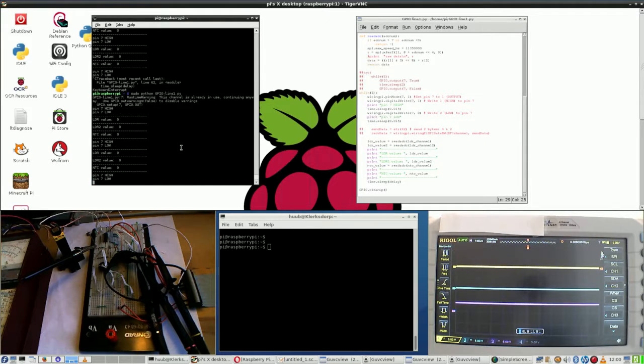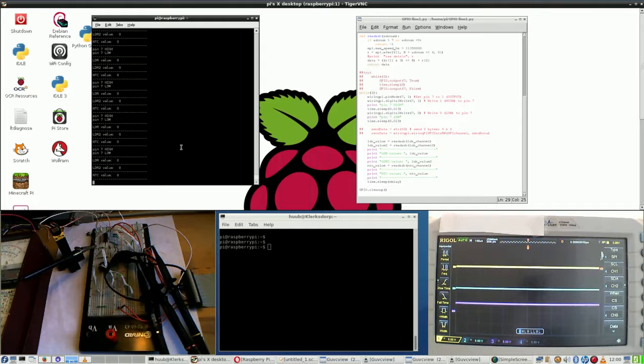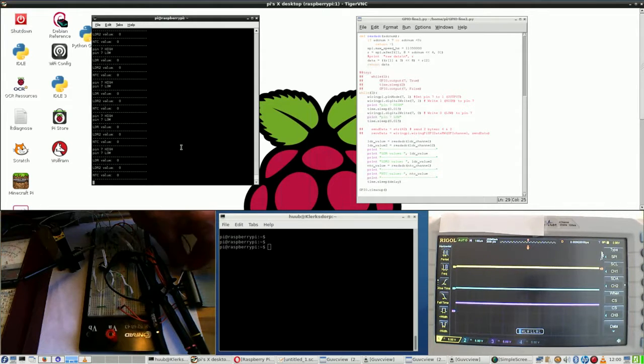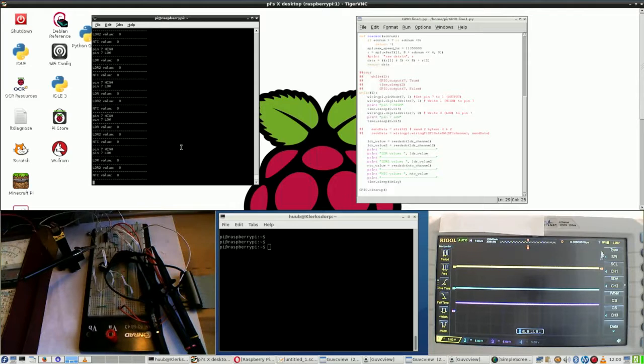If it ends up, and I see even less now. Yes, now these LEDs are functioning. However, this LED shows absolutely nothing.